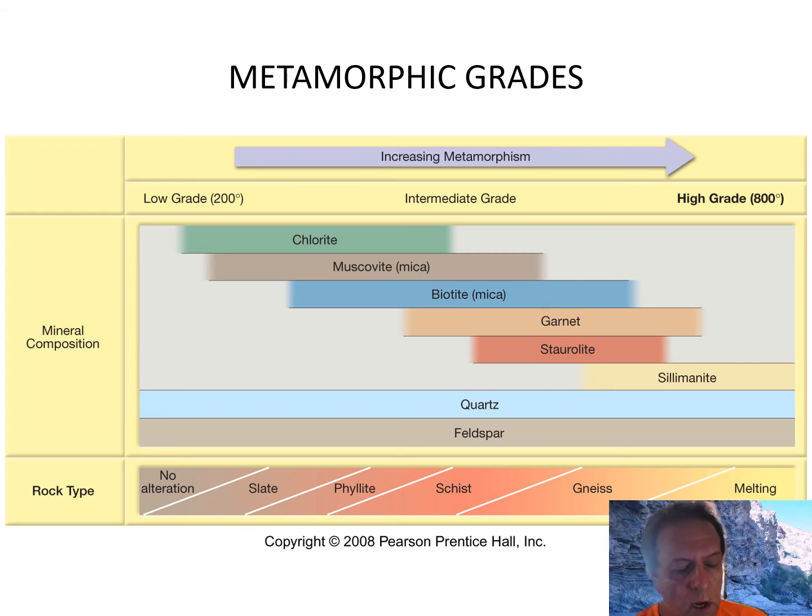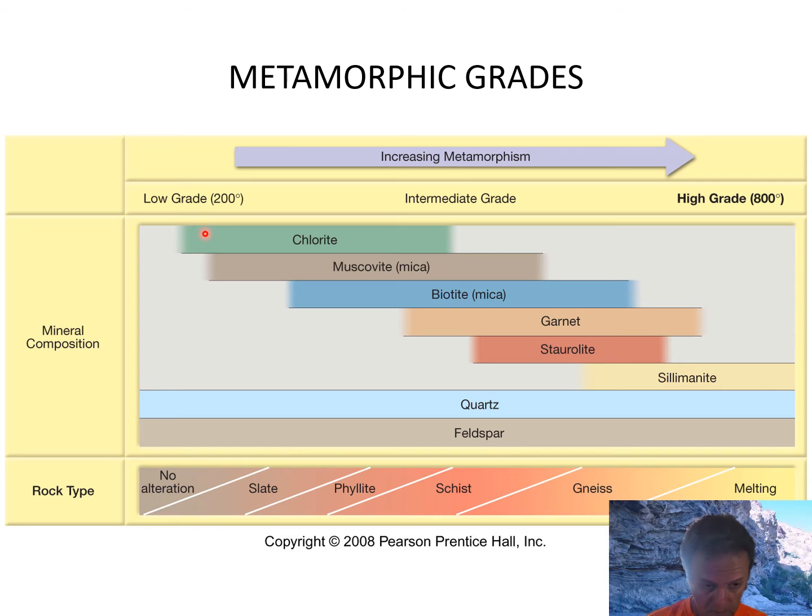Now, geologists recognize grades of metamorphism: low grade, intermediate grade, and high grade. It has to do with temperature and pressure. Once again, at 200 degrees centigrade, you have low grade metamorphism.